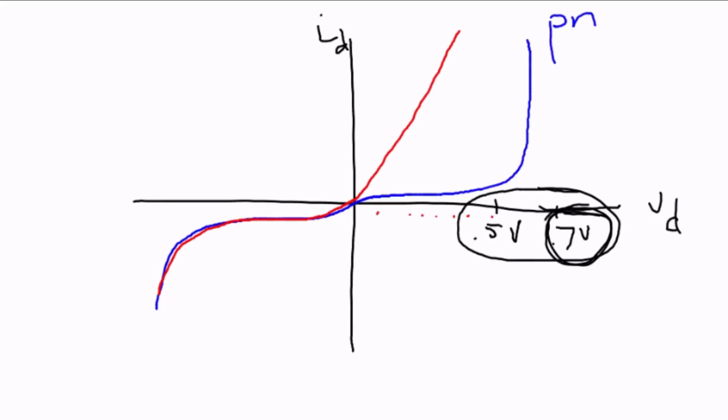And that's because you've got this ohmic contact up against the N-type semiconductor material, and the decreased resistance allows for a near linear IV curve under forward bias.